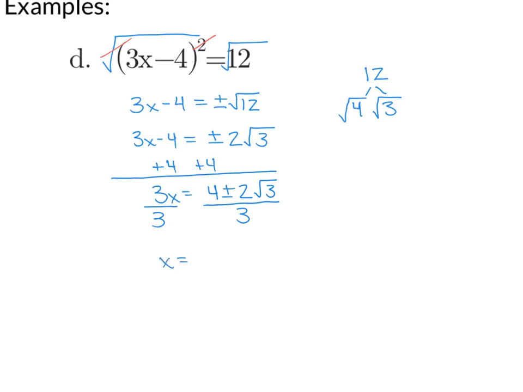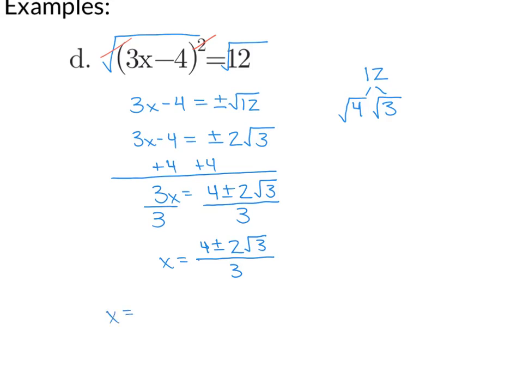And we get x equals 4 plus or minus 2 square root of 3 over 3. This does not simplify any further. Please note that we cannot add the 4 and the 2. The 2 is with the square root of 3. It can only combine with other square root of 3 terms. It cannot combine with non-square root of 3 terms. And so this is our final answer.